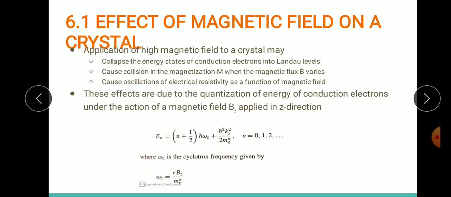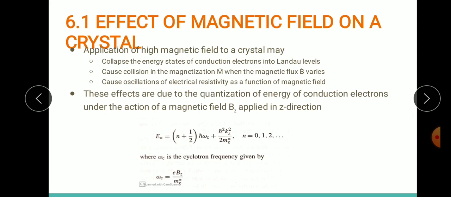So, suppose you have an energy level, say E. Initially, let's suppose that the crystal had an energy level of E. On the effect of a magnetic field, this energy level collapses into intermediate energy levels, or I would say subbands.